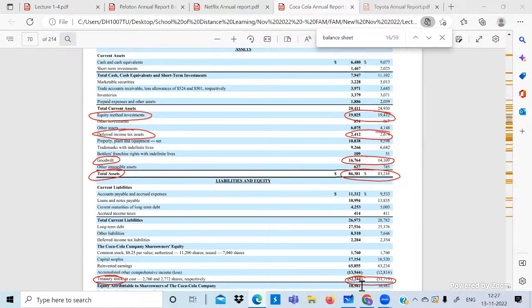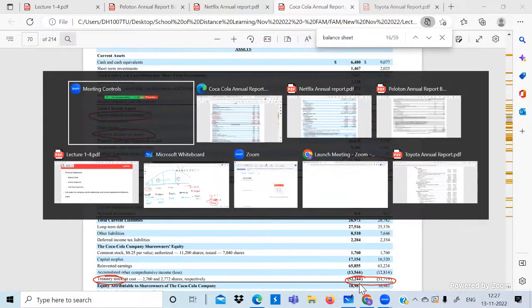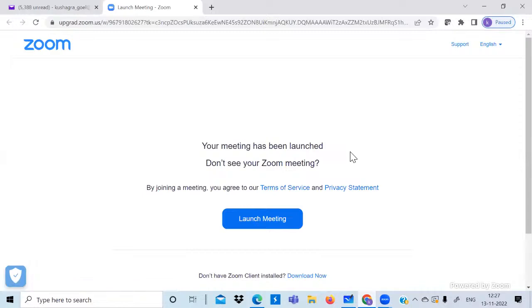Okay, question is, where do we download the balance sheet of different companies? Just go to the company's website. For example, let's say, just give me a second. I'll open it for you and share it.